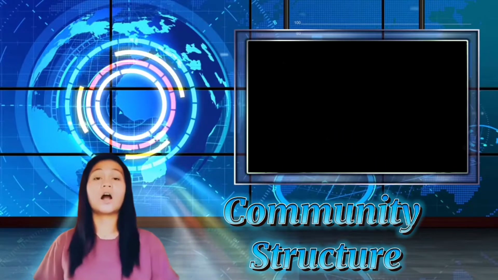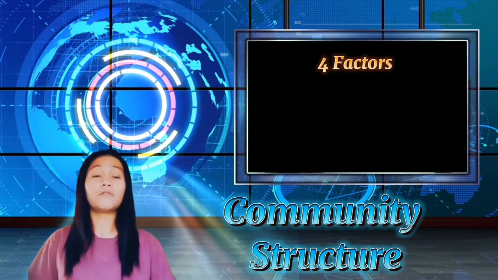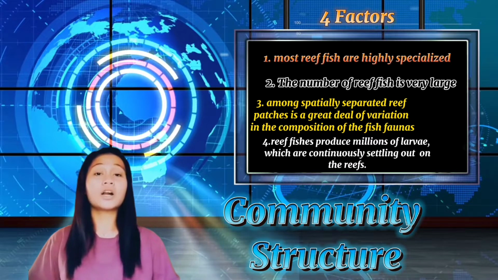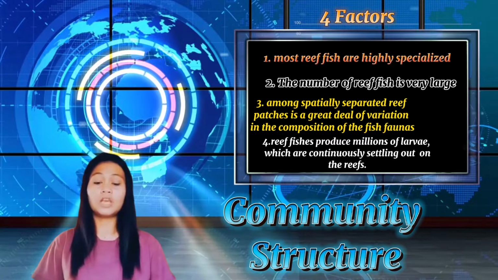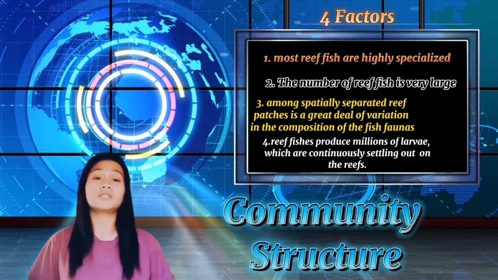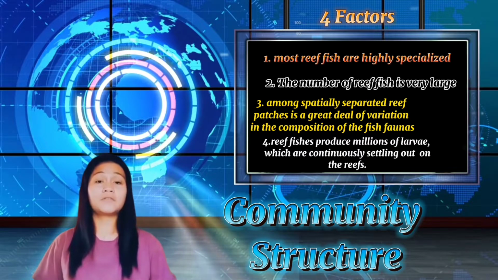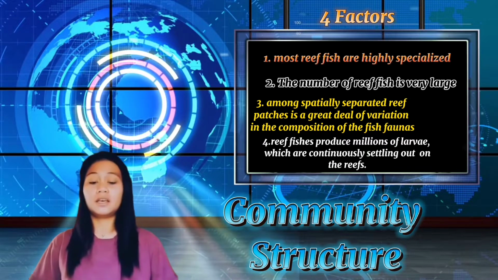Community structure. Our perception of reef fish communities is strongly influenced by four factors. First, most reef fish are highly specialized, having developed complex adaptations to a complex environment. Second, the number of reef fish species is very large and their population densities are high.